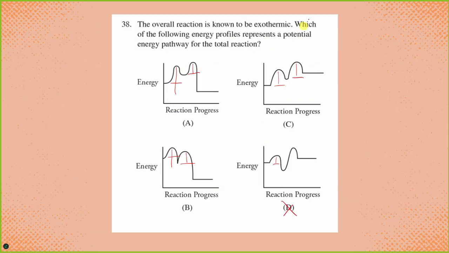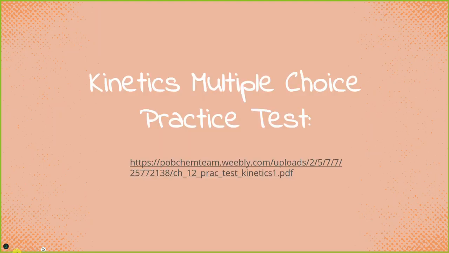Oh, I think it says exothermic. You're right, it does. I didn't read the first line. So it's got to be A or B, and A is the better choice. That is correct, because D and C are endothermic, because their product lines are higher.